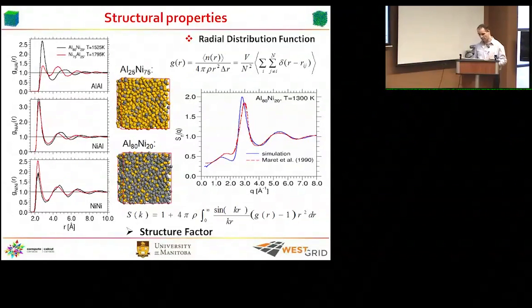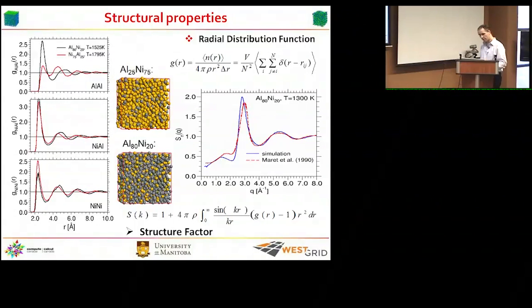Here I just put some examples of structural properties. For example, these three figures are the radial distribution functions for aluminum nickel. We have here two compositions at two different temperatures. So the first peak, for example, gives you the probability to find an aluminum atom starting from another atom, nickel.